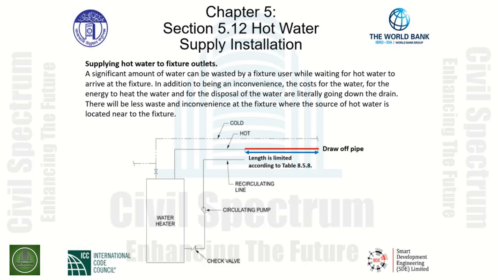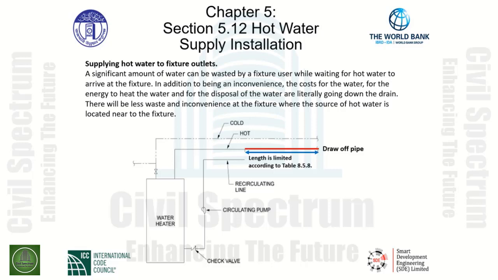In addition to being an inconvenience, the cost for the water, for the energy to heat the water, and for the disposal of the water are literally going down the drain. In other words, we don't want to waste energy, we don't want to waste hot water, and we don't want to waste water going down the drain.